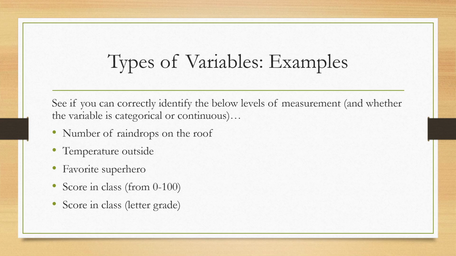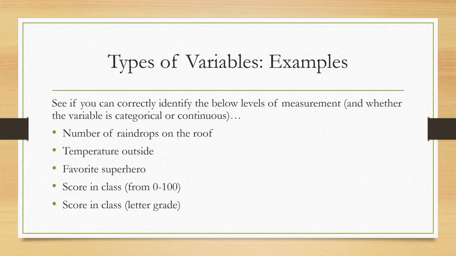Favorite superhero. Now, this is interesting. Well, favorite superhero is going to clearly be a nominal variable. I forgot to mention categorical, continuous for temperature outside. Continuous for temperature outside. Favorite superhero is going to be a nominal variable. They don't go in order. I mean, clearly Thor is better than everybody else, but outside of that, they don't go in order. There's no inherent order to it.